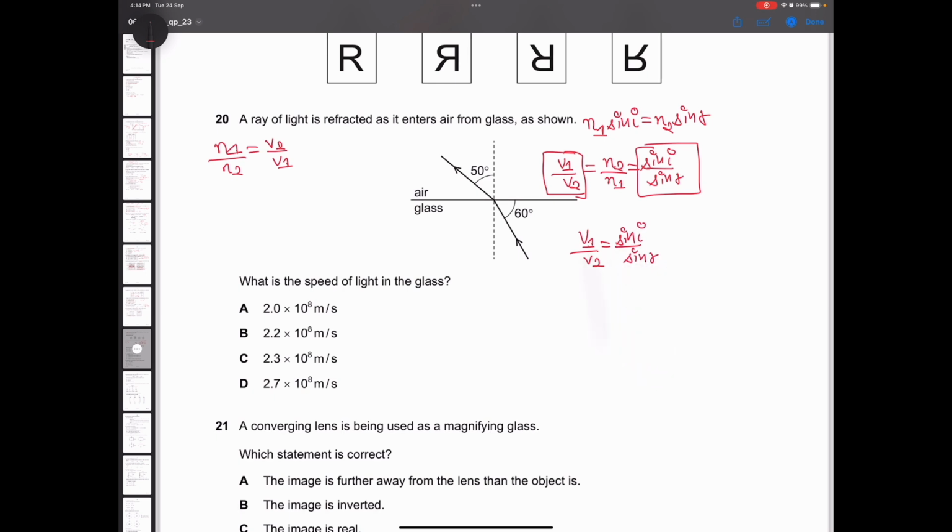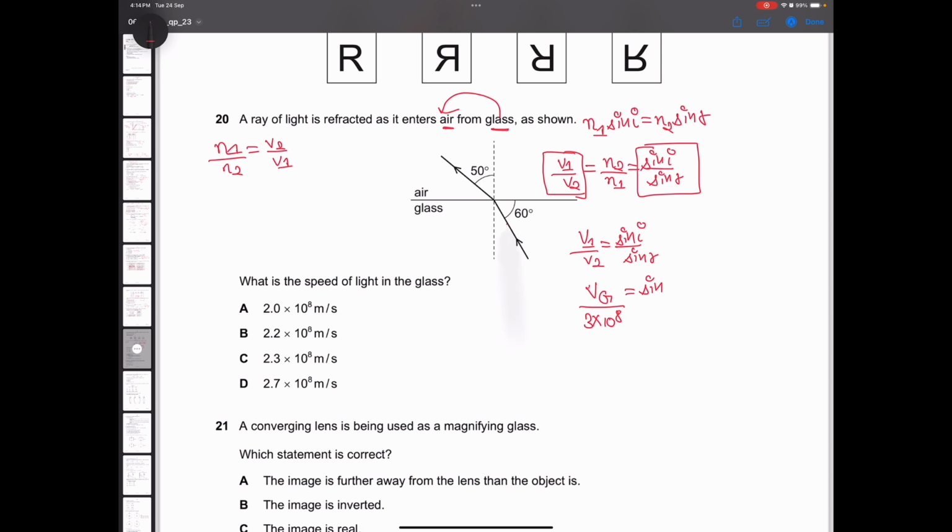V1 is the speed of light in medium number 1. What is medium number 1? That is glass. You're going from glass to air, so medium one is glass. Let's say I'll write it as Vg. And the second medium is air. Velocity of light in air is 3 times 10 to the power 8.